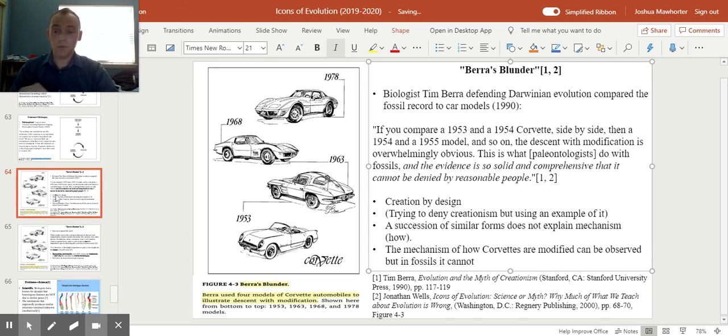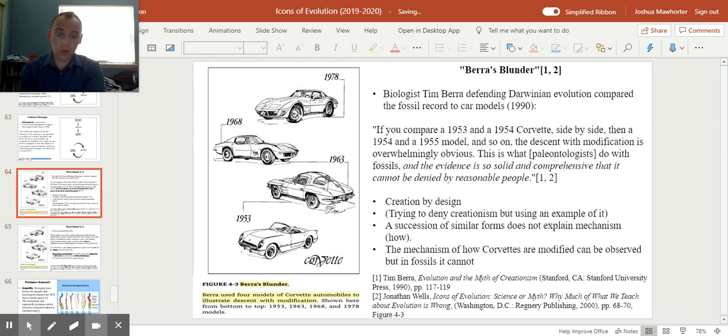Now notice, remember, his book is called Evolution and the Myth of Creationism. That is, that God created the world according to the biblical model. Think about his example. Cars are designed from an archetype. They're designed from the plans of a designer. And so he tries to use this as how cars develop over time and the model changes.